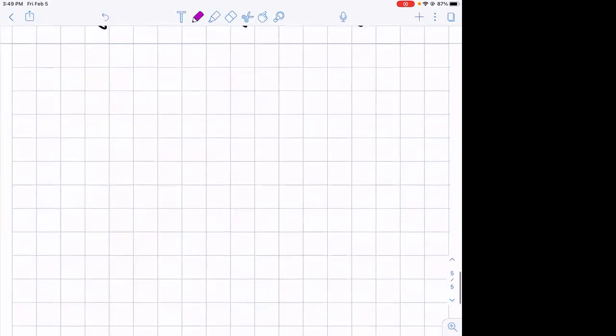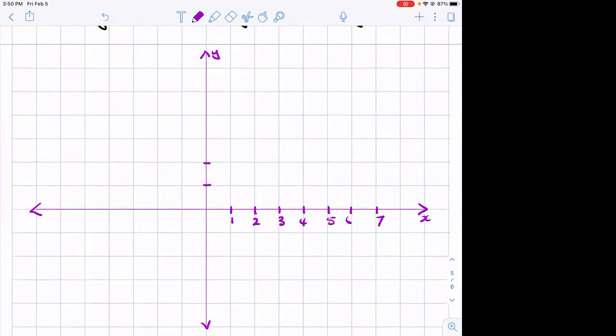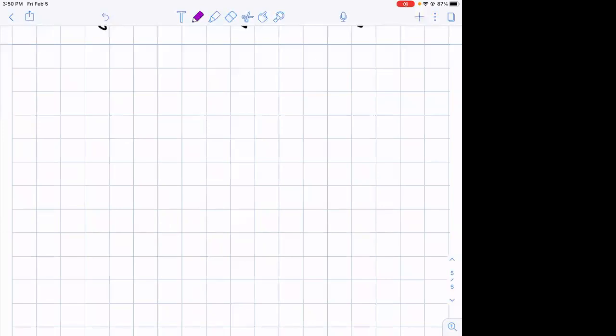So if we draw the xy axis, actually, why don't we make it a scale smaller so we could draw this in a smaller graph too.